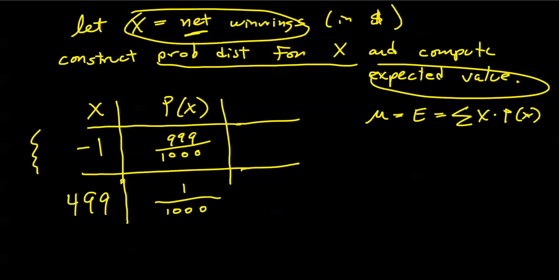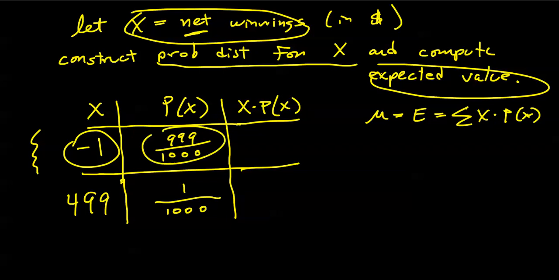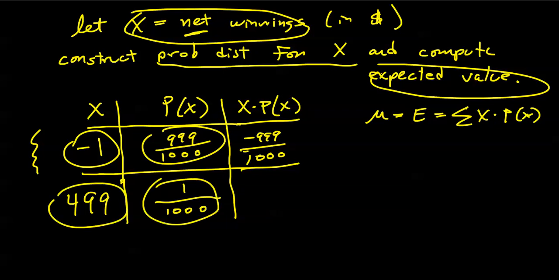Let me make a third column here: x times p of x. I'll get minus 1 times 999 over 1,000, that's minus 999 over 1,000. How about down here? 499 times 1 over 1,000 is going to be 499 over 1,000.